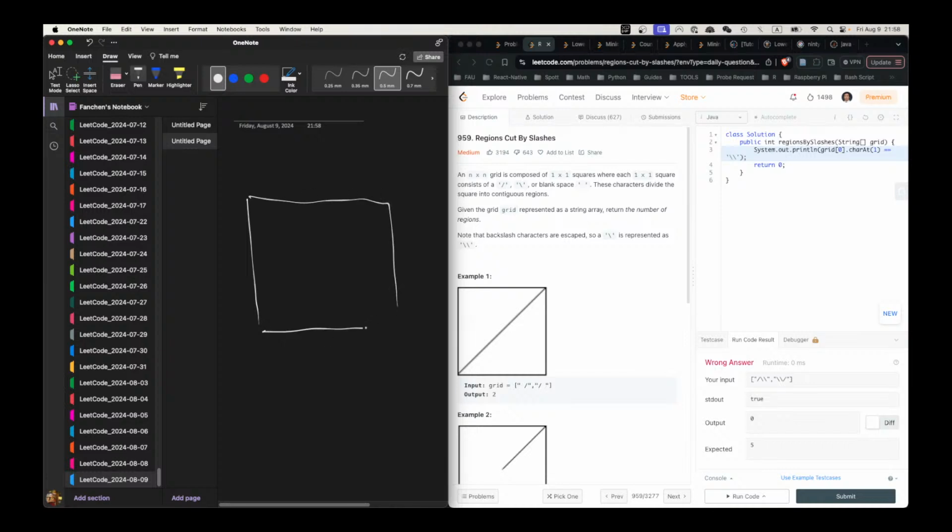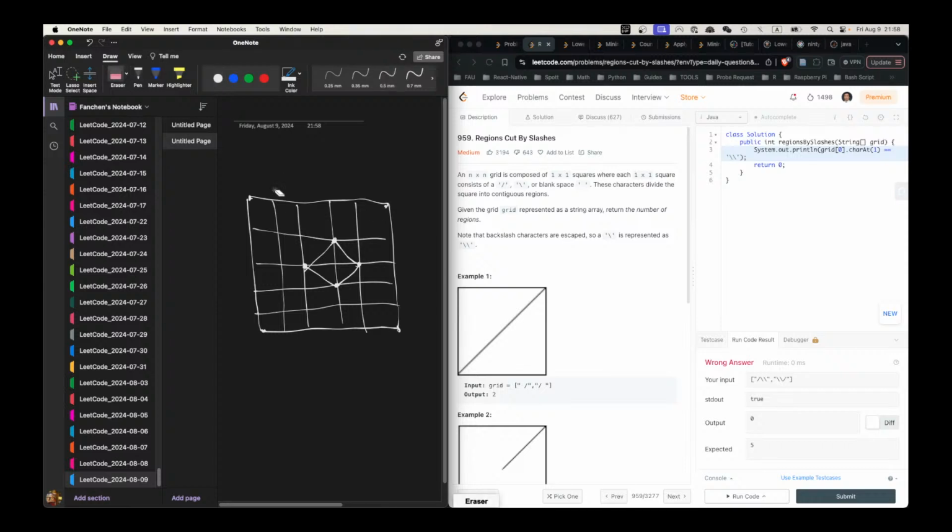Maybe a 5x5. 1, 2, 3, 4. We can have something like this. If I have this, then the region is 2. Basically we start from here and say, okay, I only have 1.